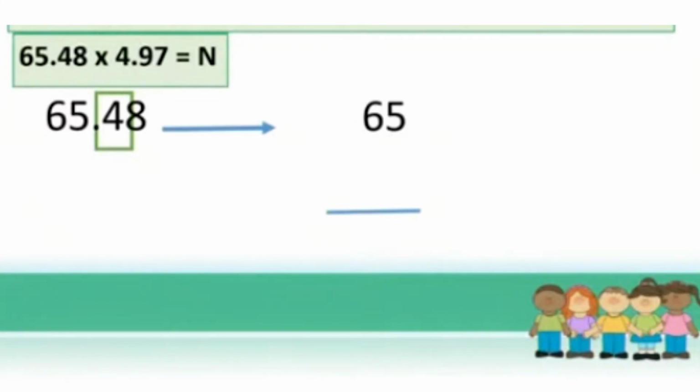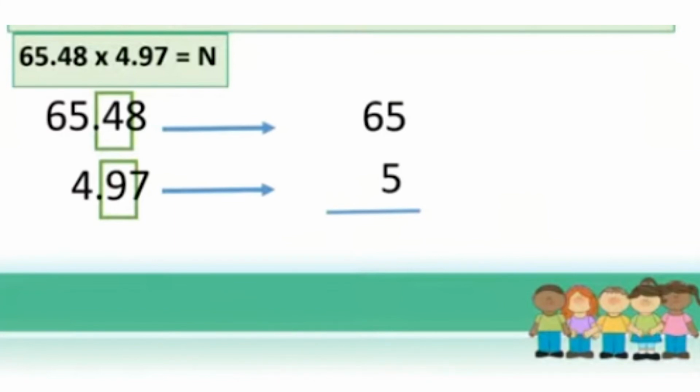Other factor is 4.97 is estimated to what number? The number in the tens place is 9 and is greater than 5. So, round up by adding 1. So, 4 plus 1 is equal to 5.